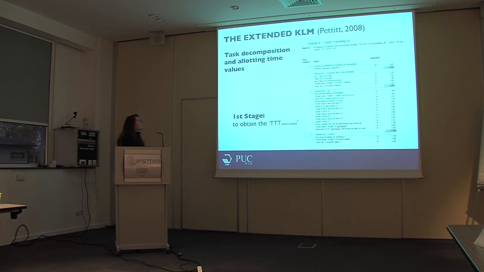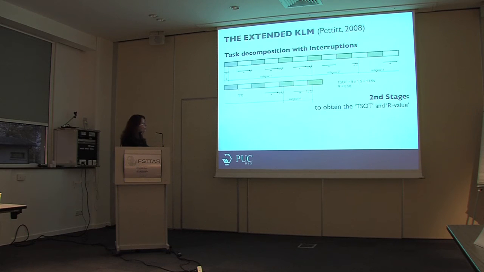So in the first stage of the model, we need to do a task decomposition in goals and sub-goals and actions and cognitive process, and then allot some time values to obtain the total task time under an occlusion condition. And in the second stage of the model, we need to distribute all these actions and cognitive process along intervals of vision and occlusion.